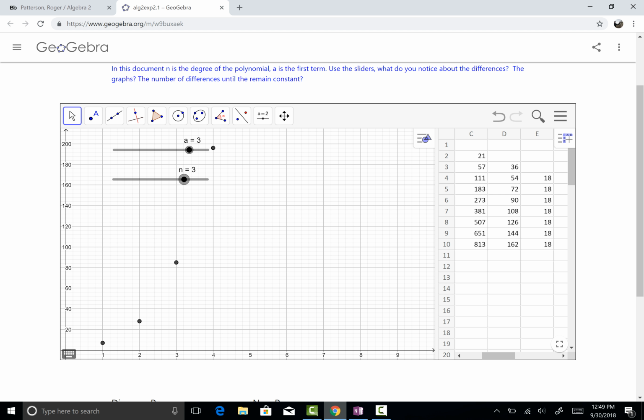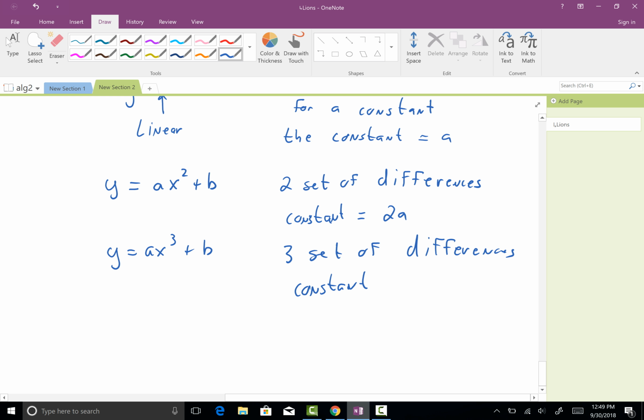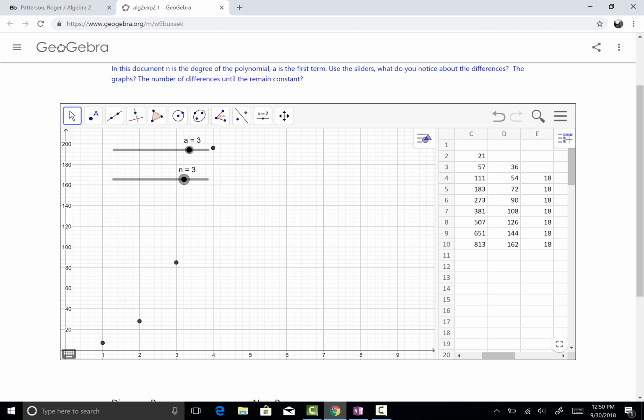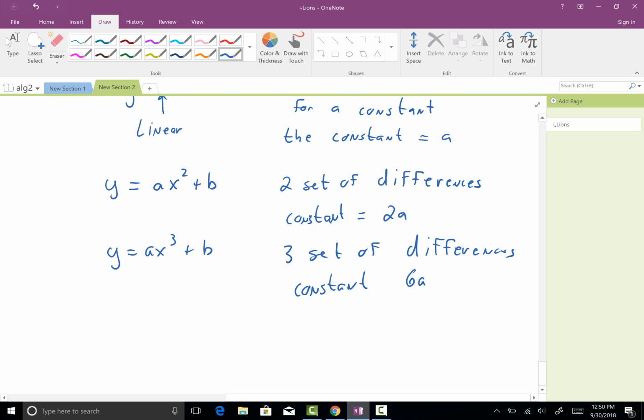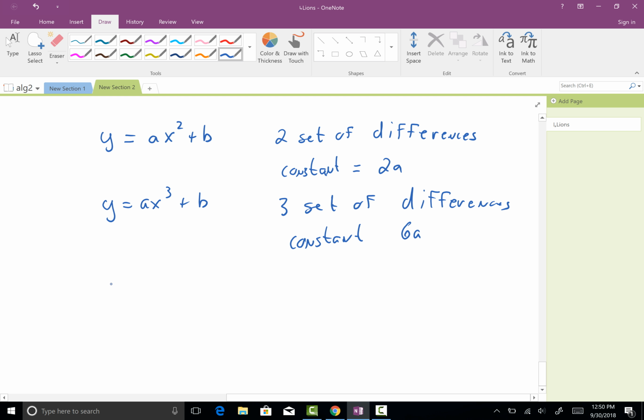So we have something else going on here. Not sure. All I know is that it was 18. So I could say, though, that it was 6 times a. But does that work for all the rest of them? Well, let's make a 4. And it does. Last one.